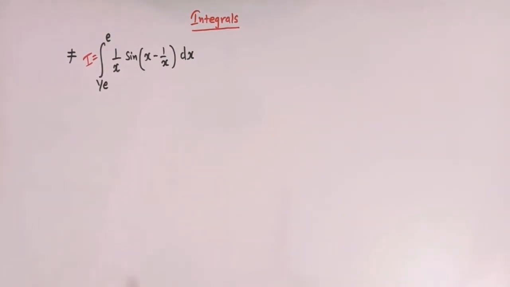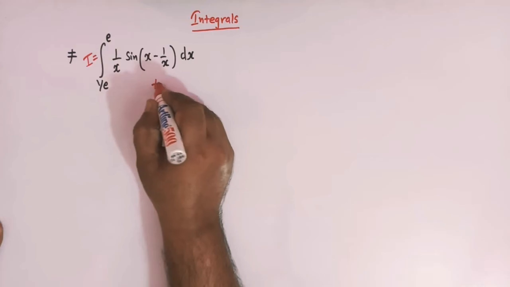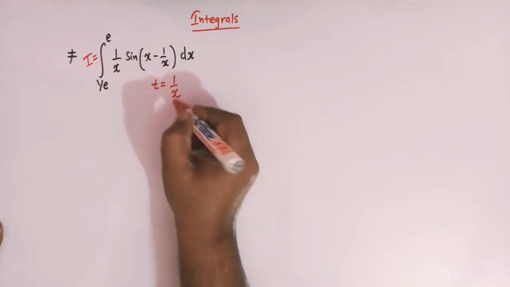Now in order to solve this integral, we'll make use of the method of substitution, which is a powerful method in integration. Let us substitute t is equal to 1 over x.